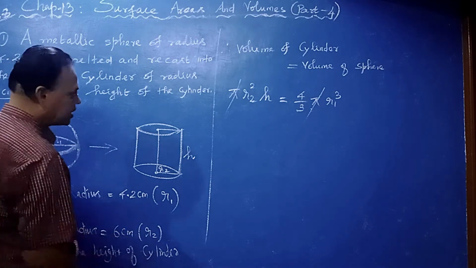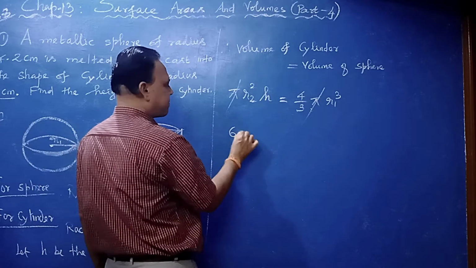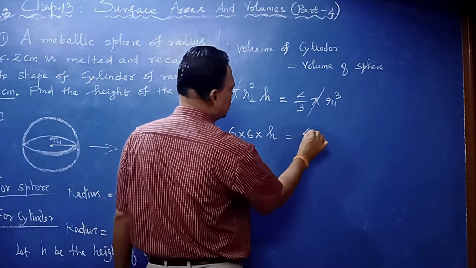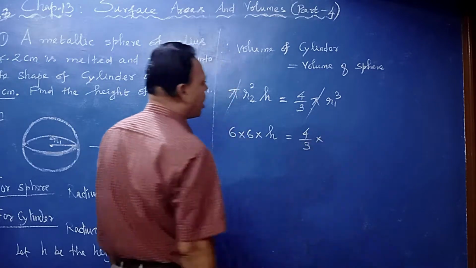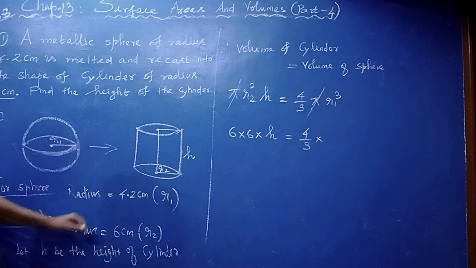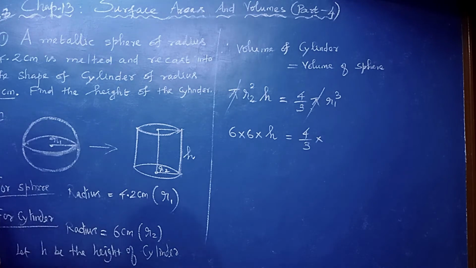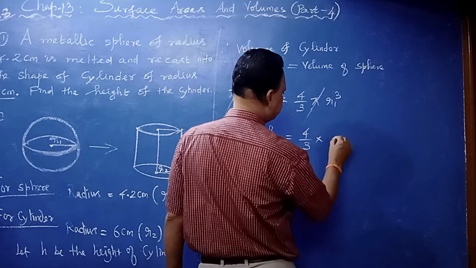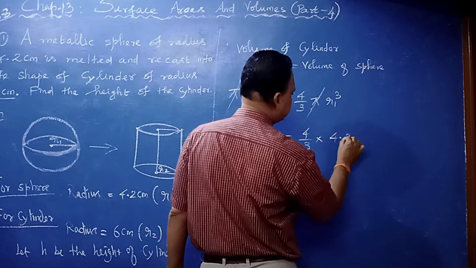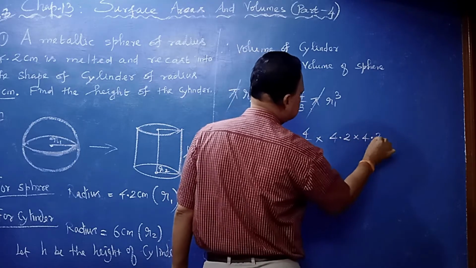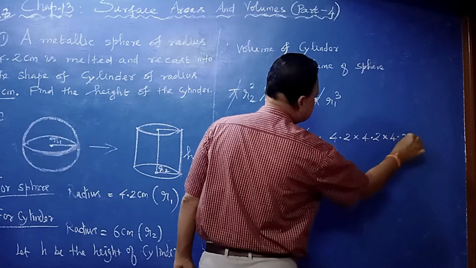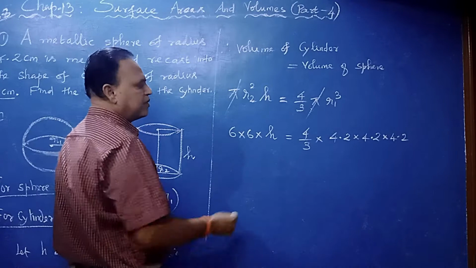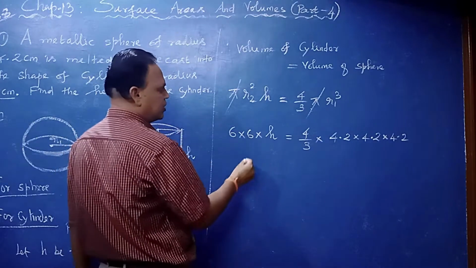R2 is 6 into 6 into H is equal to 4 by 3 into R1 cube, that is 4.2 into 4.2 into 4.2. Cube means write it 3 times. You can even change it into the fraction 42 by 10, but this is very simple, that's why I did not change it.